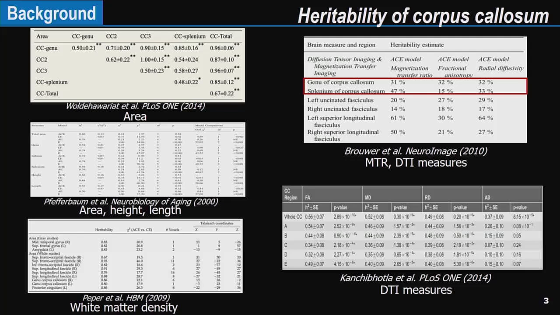Although these measures are widely used to indicate microstructure properties, they are not specific enough for different tissue microstructure properties.